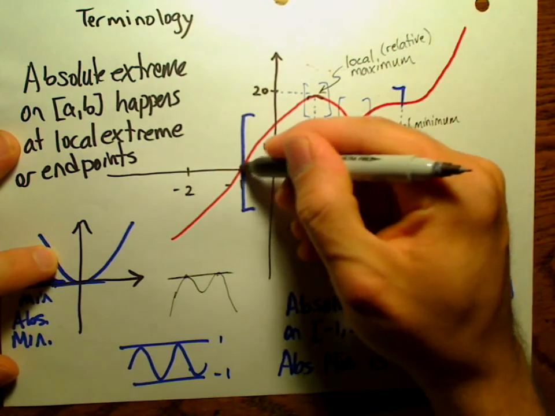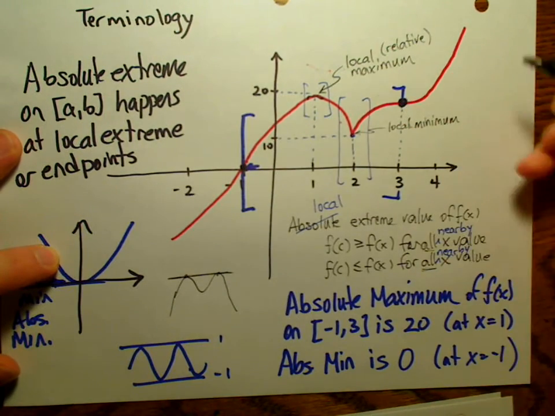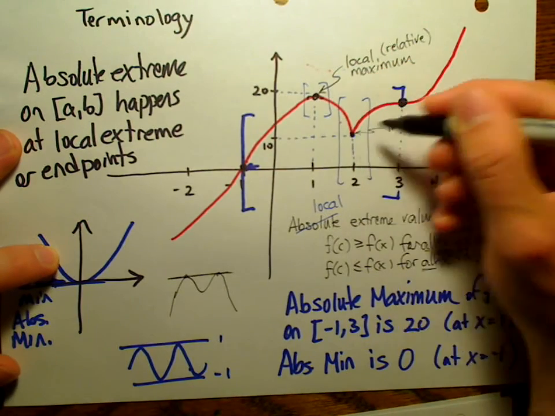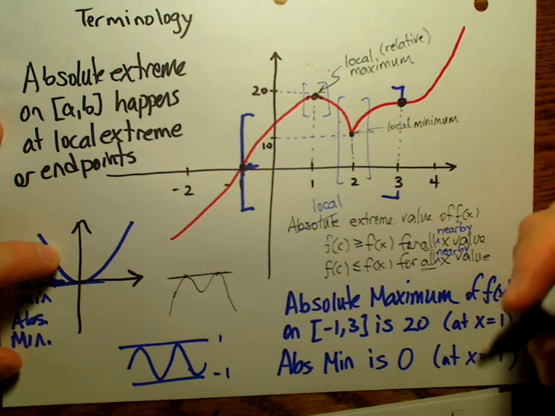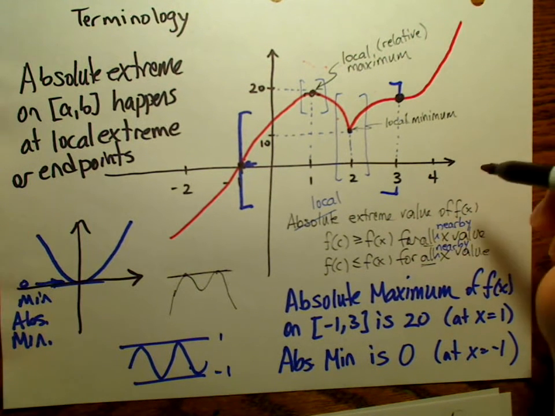We really only have to check that endpoint, that local min, that local max, and that other endpoint. And one of those four is guaranteed to be the absolute max, and one of those is going to be the absolute min, assuming continuity.